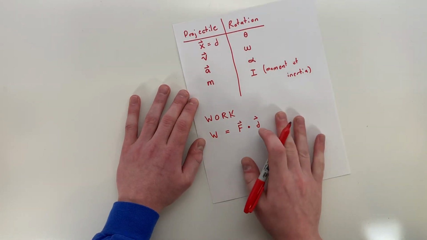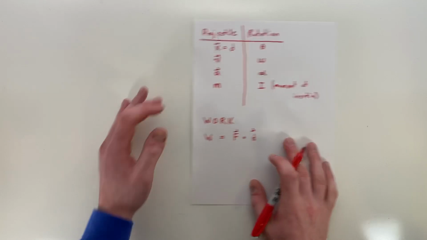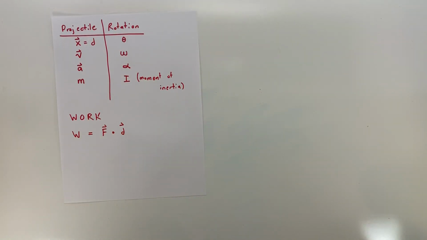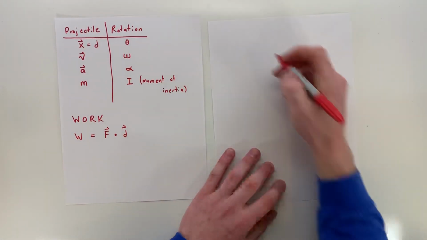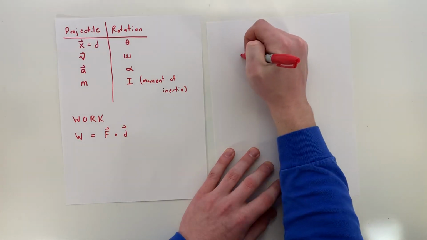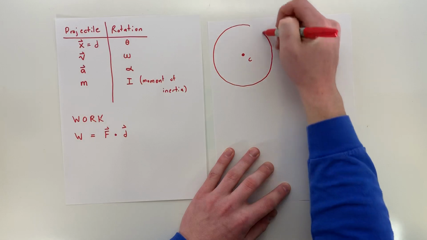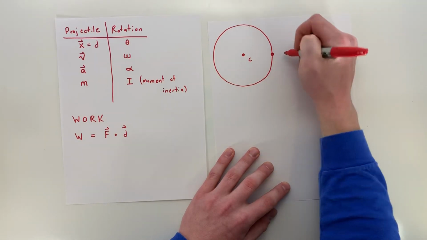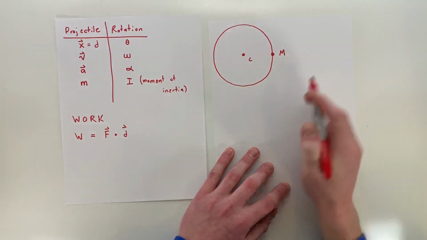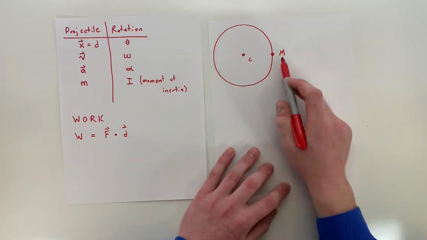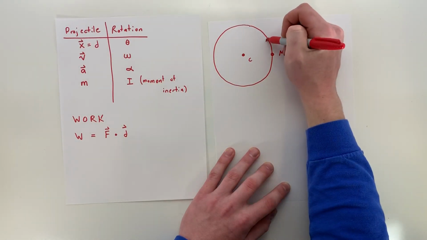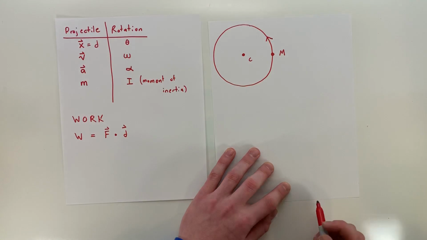So let's say we have a point, which we'll call C, and a point mass, uppercase M, rotating around it in a counterclockwise direction.